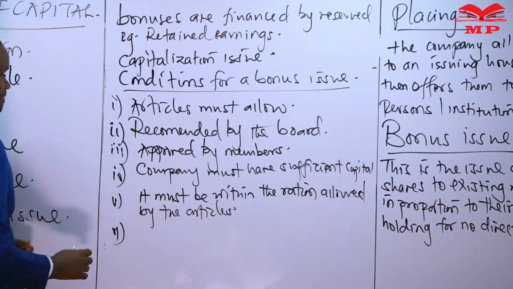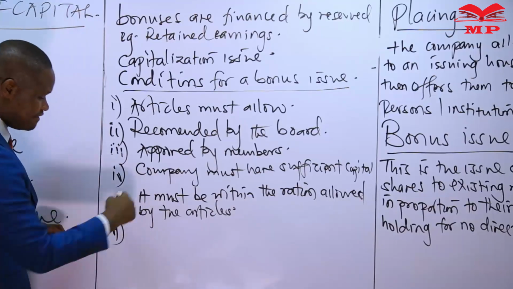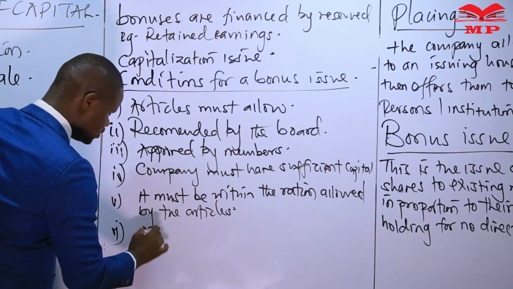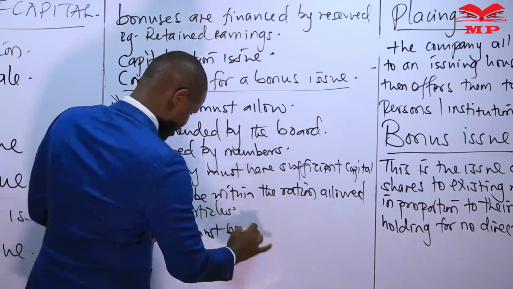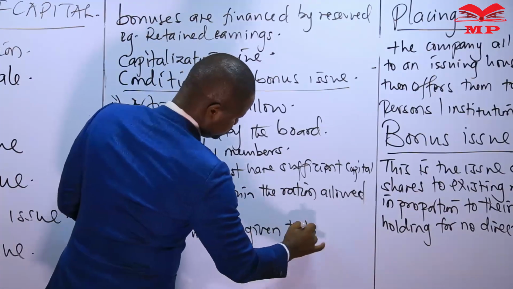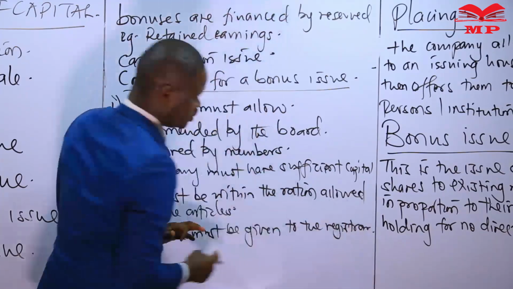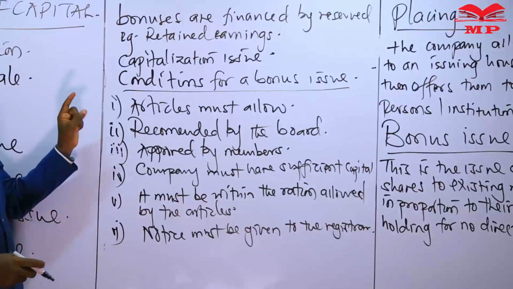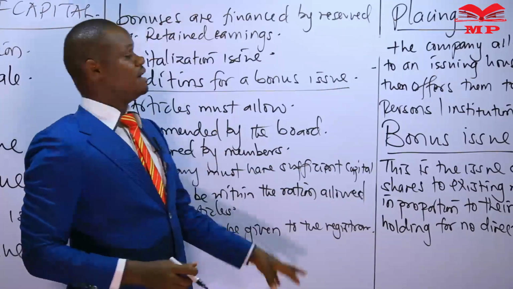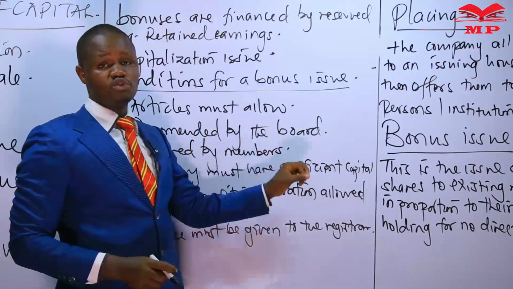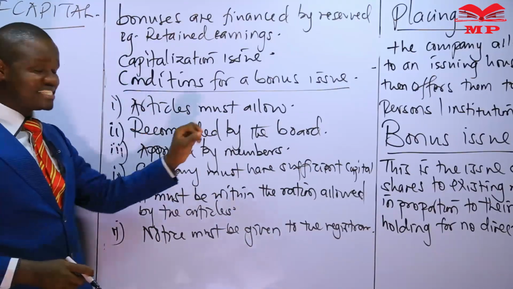Then we are saying that if this company effects the bonus issue, then notice must be given to the registrar. If it so happens that this is a public listed company, then notice has also to be given, or we also have to seek the approval of the markets regulator.